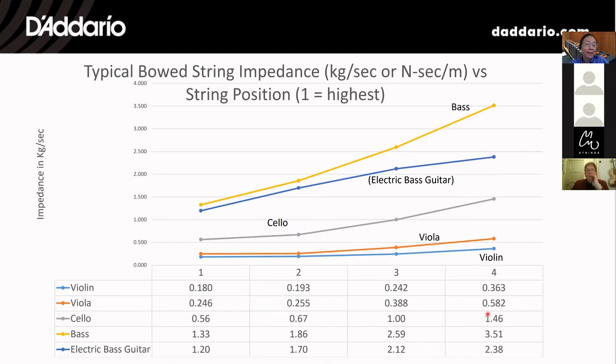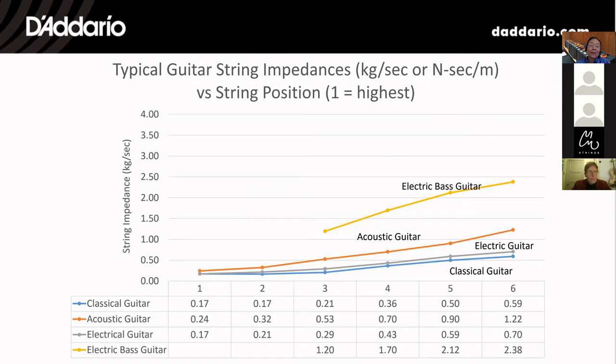So this is basically the plots of the same strings that I showed earlier of string tensions. These are the impedances of the strings. We see a general trend of increasing impedance with the lower strings. This is for orchestral strings.